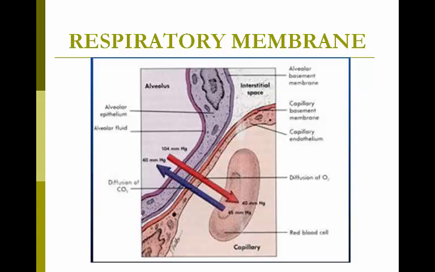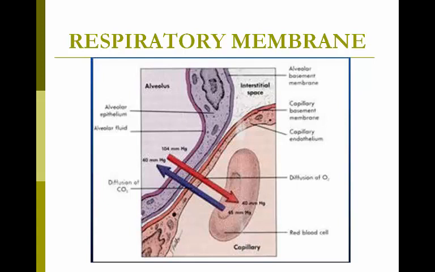The driving force for diffusion of the oxygen is the fact that the pressure of oxygen in the alveolus is much higher than it is in the capillary blood and in the red blood cell, because 104 is larger than 40, a lot larger. So oxygen is going to move from a higher pressure to a lower pressure into the blood.